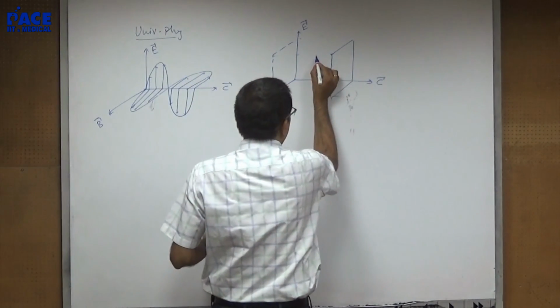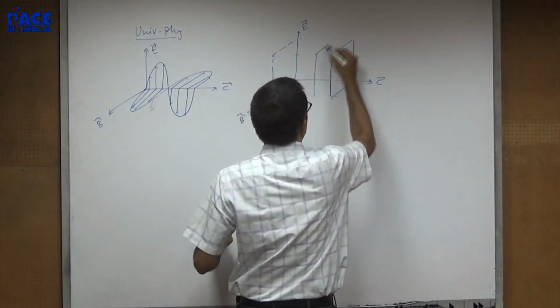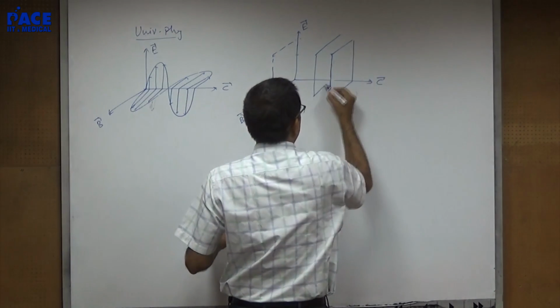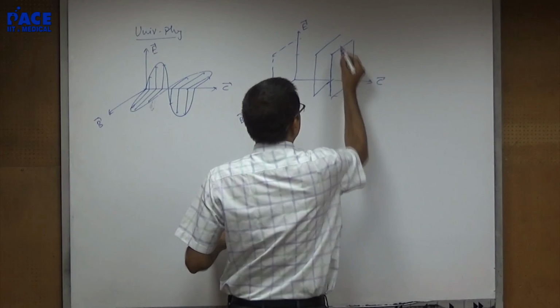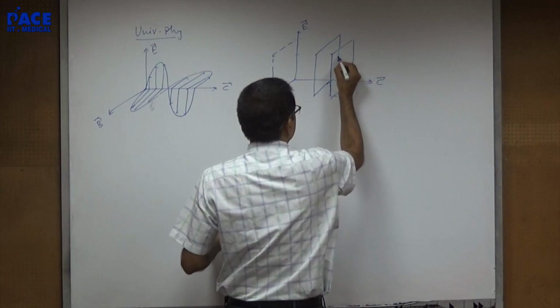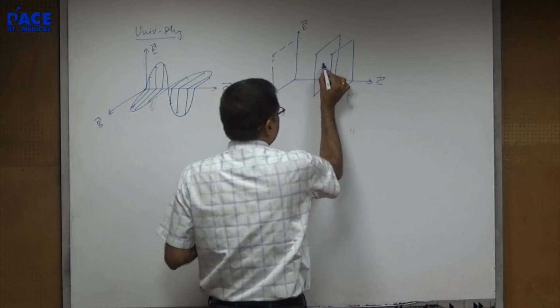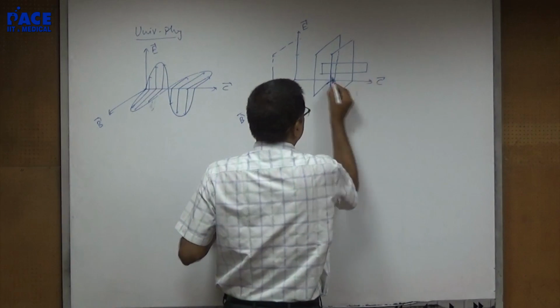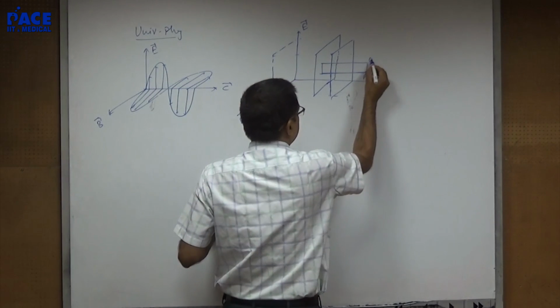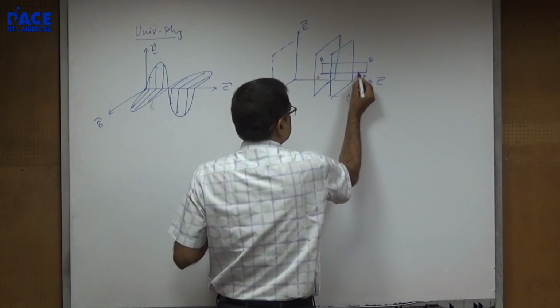And then they said, assume an Ampere circulation like this, PQRS.